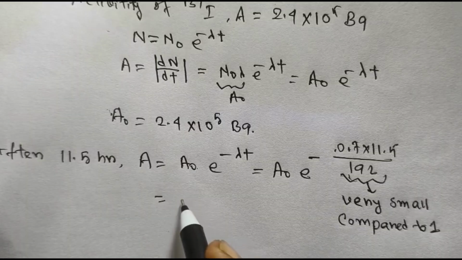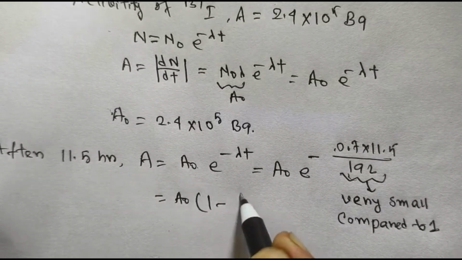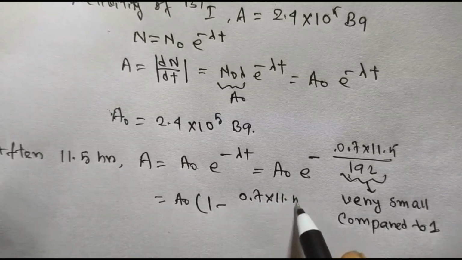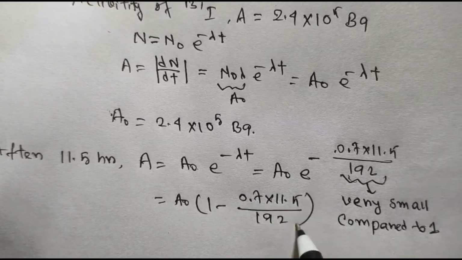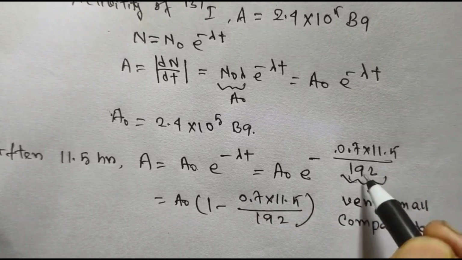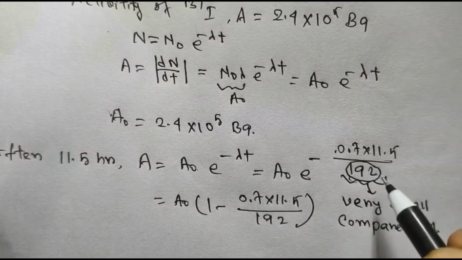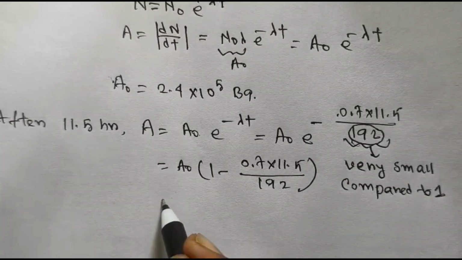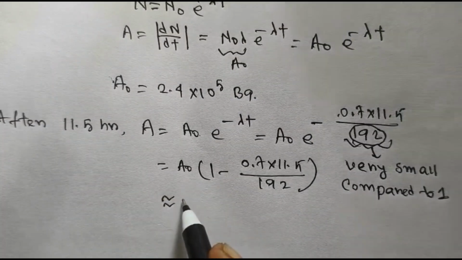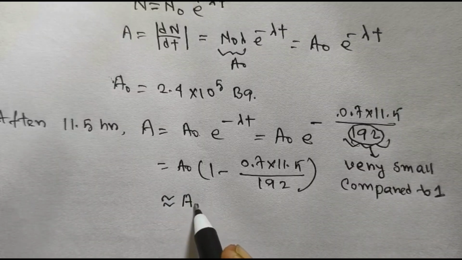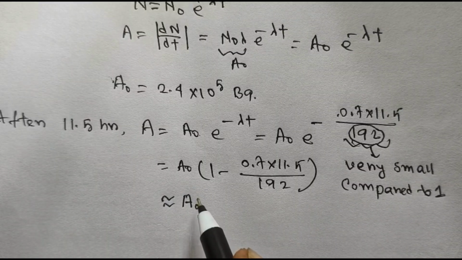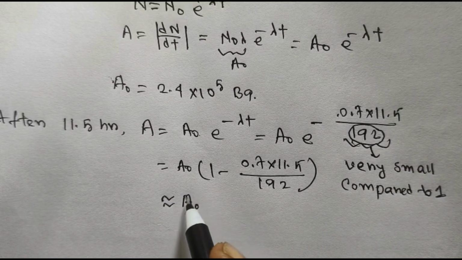So from the law of exponential we can write this as A naught times 1 minus 0.7 times 11.5 by 192, because you can see in the denominator there is 192, that is very large. Okay, now for the convenience of the calculation you can consider it as A naught. Okay, at the last of the calculation you can see the benefit of using this.